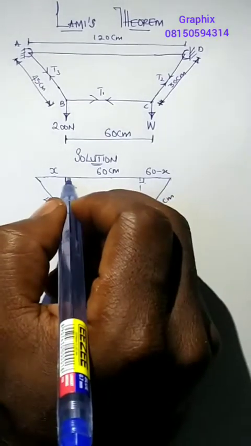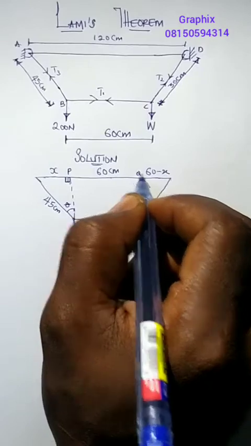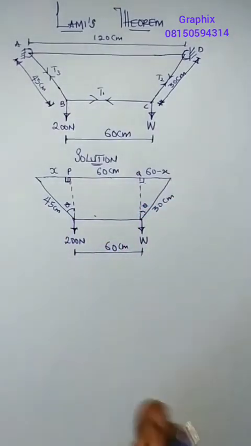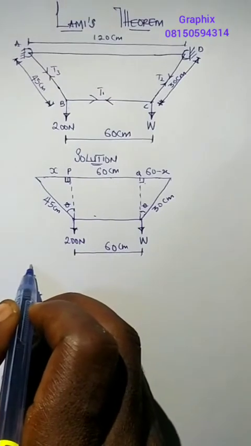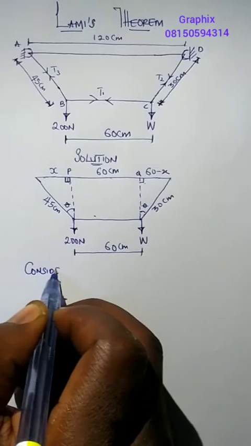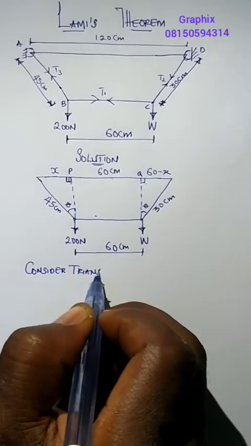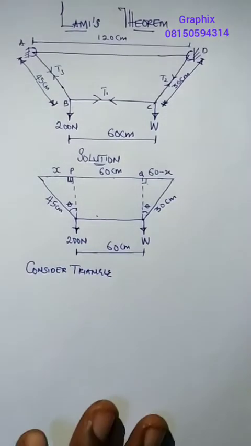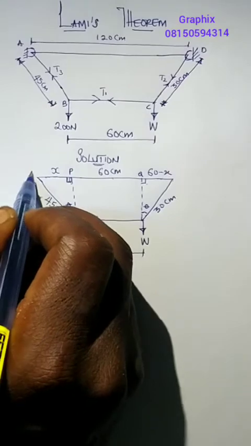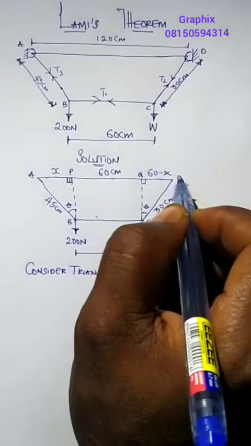So let me call this point, whereby 90 is, P, and I'll call this point here Q. So what we have to do next, we have to consider triangle. This is A, this is B, this is C, and this is D, right?